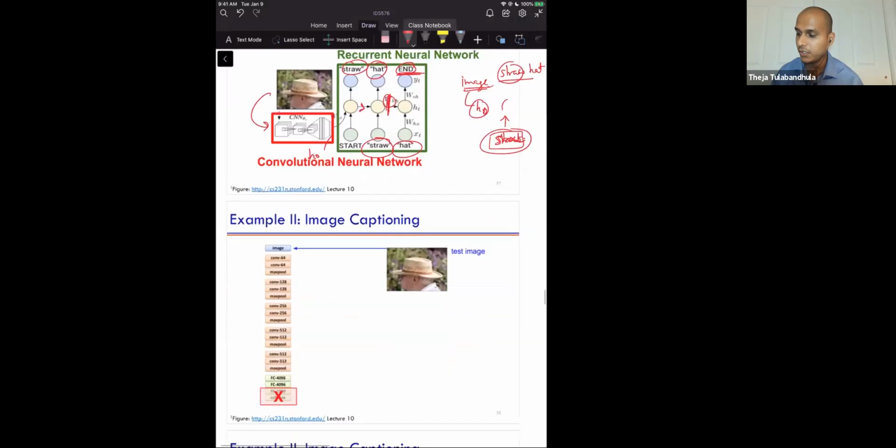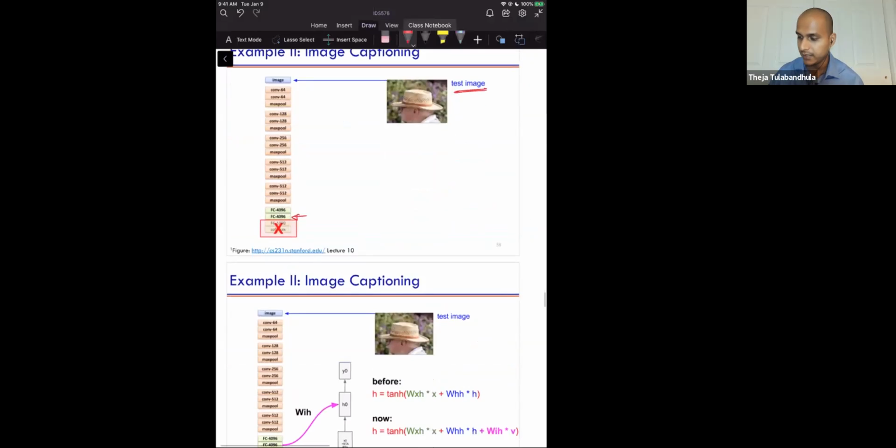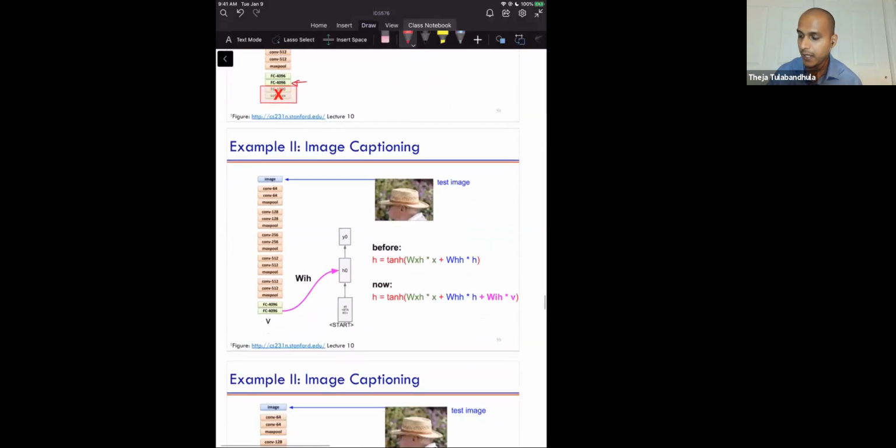Just to expand on that, if you have a test image, first you generate the embedding, just like we did in the transfer learning part. Then that embedding, plus some representation of the start token, so there'll be a vector corresponding to the start token. If you don't have it, you can just start with some random numbers and learn that representation as well.